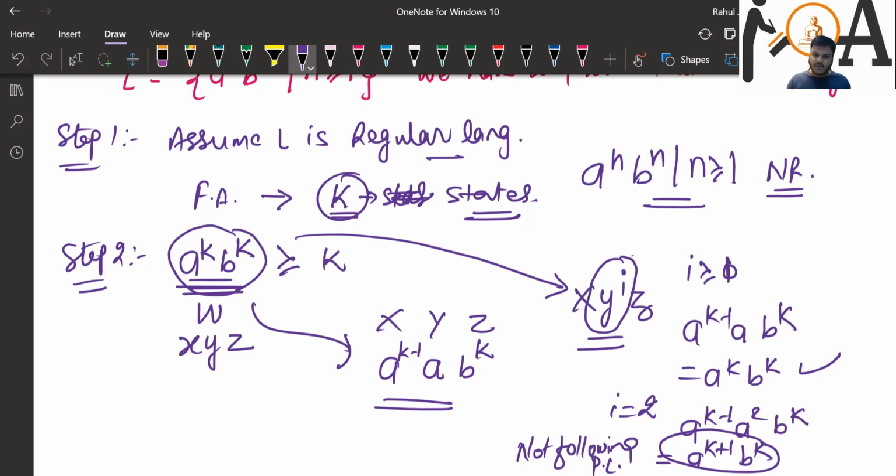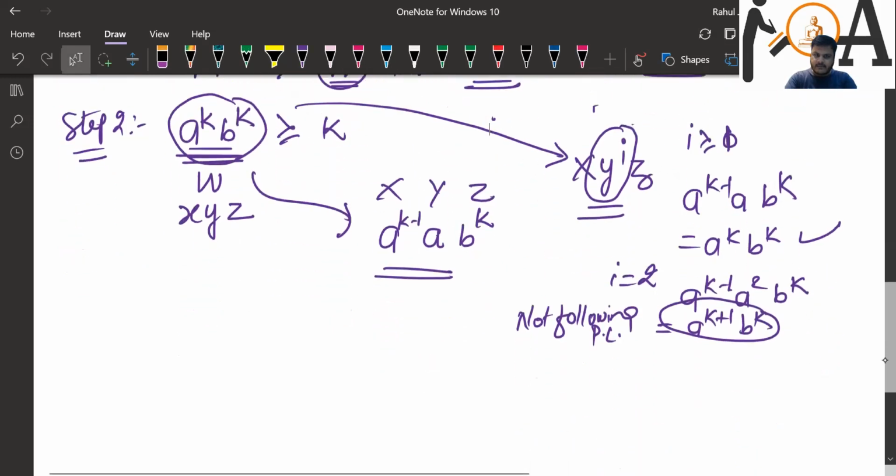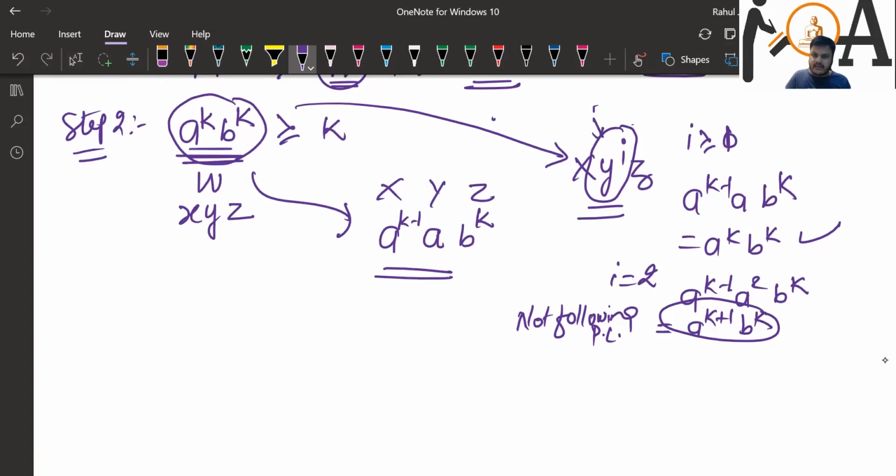If the language is regular, it means somewhere a cycle or loop may exist, and with the help of the loop or cycle, it would repeat and be accepted.